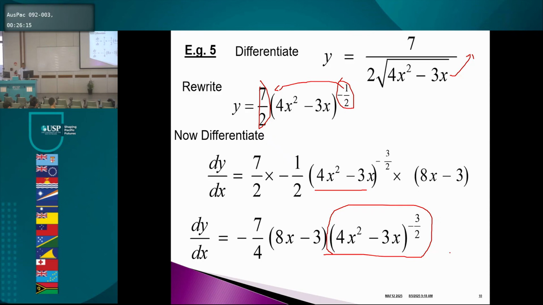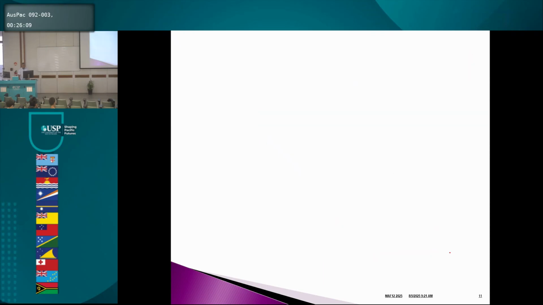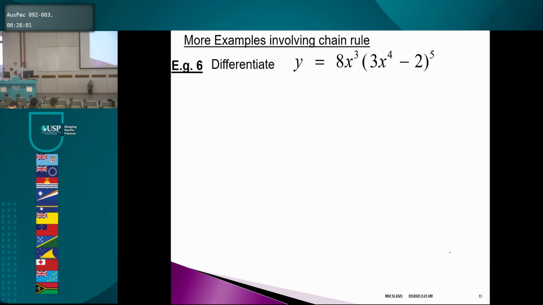Difficulty level increases here. Differentiate y equals 8x cubed times 3x to the 4 minus 2, everything to the power 5.